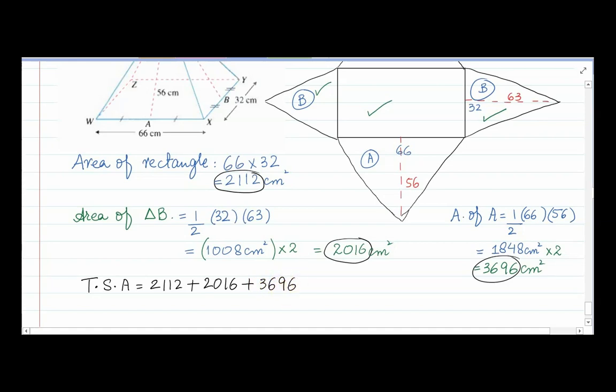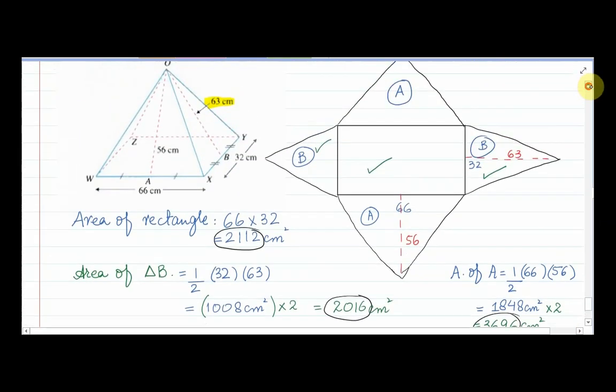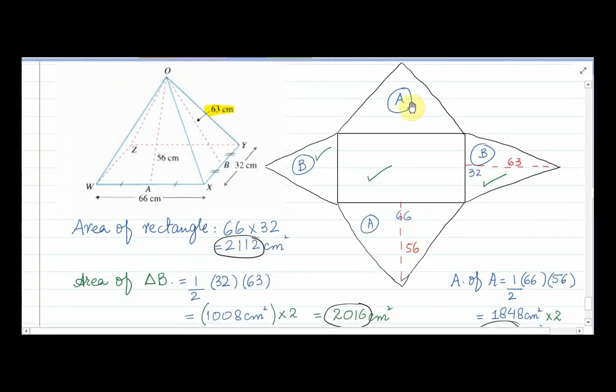When we add all the values, that is equal to 7824 centimeter square. That is the total surface area of this pyramid, right?